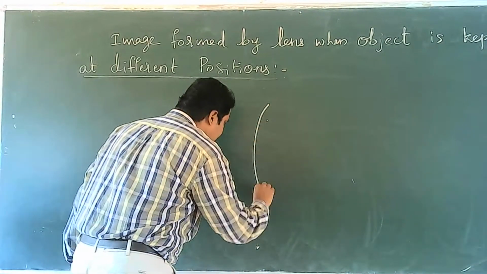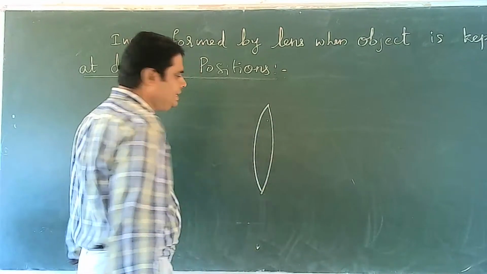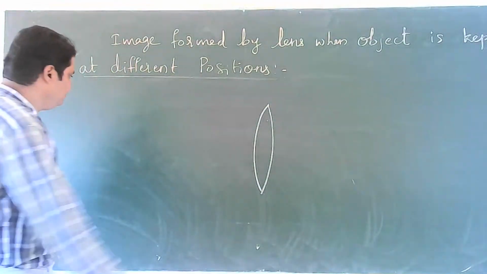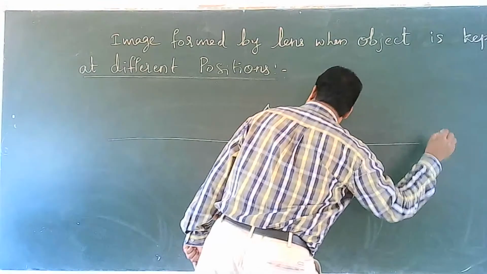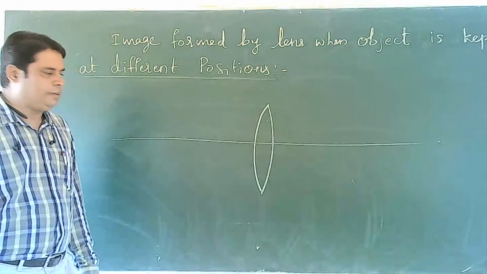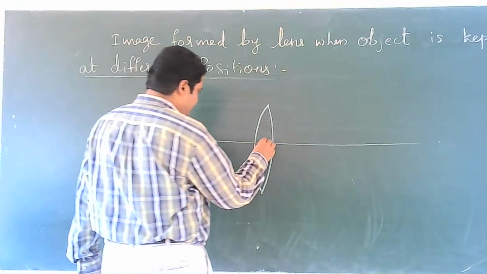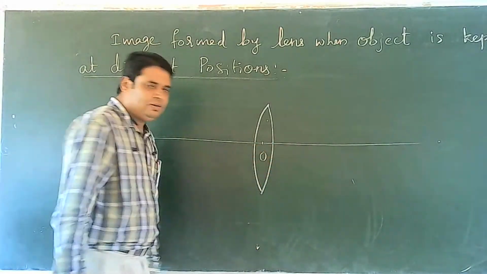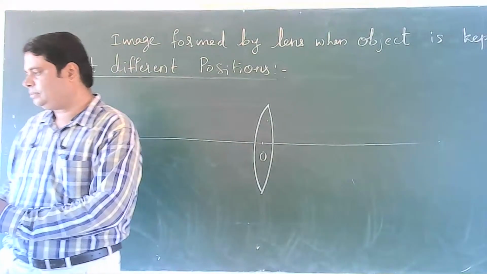Now, I will draw a thin lens. Thin lens it is. A principal axis and optical center.